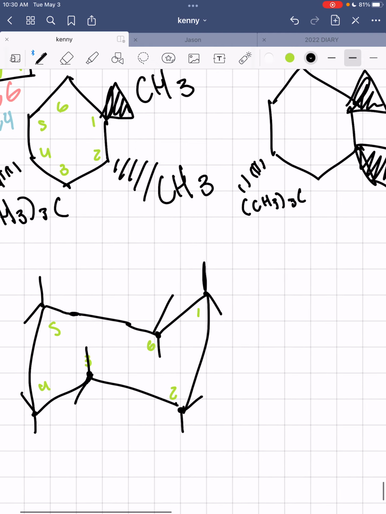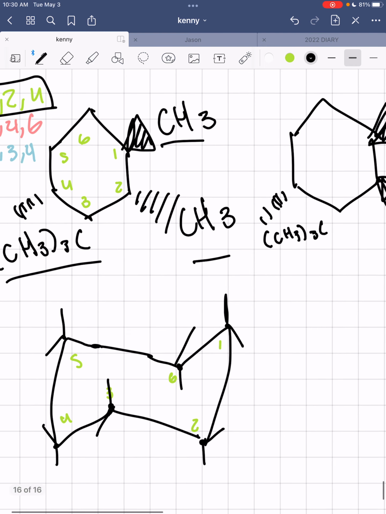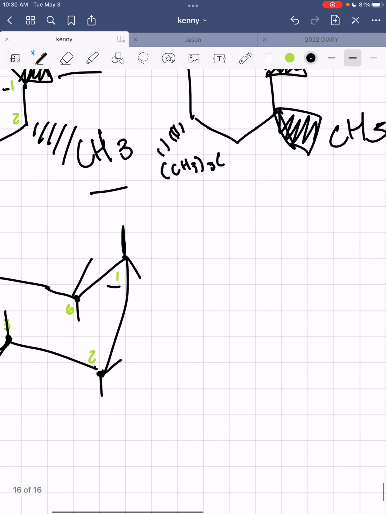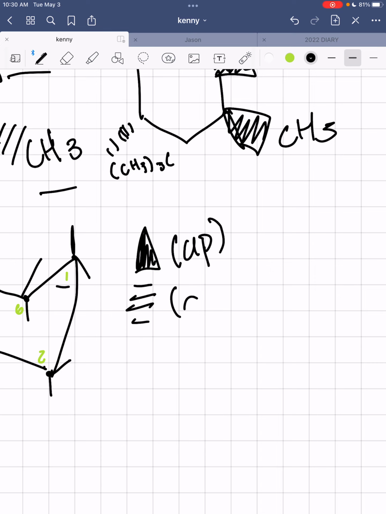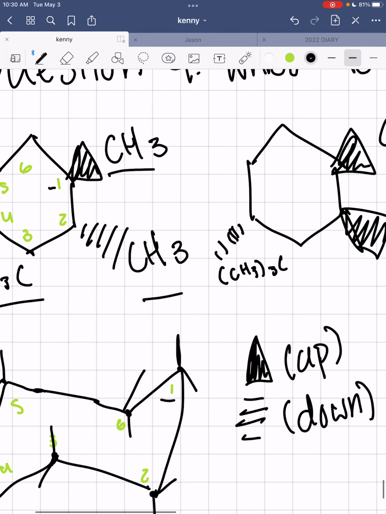So now we need to find out where all these atoms go onto this chair example. This one's on the first one. If it's a wedge, then it goes on the up, and if it's a dash, it goes on the down. So for this one, this is a wedge, and wedge means up, so it will go on this.